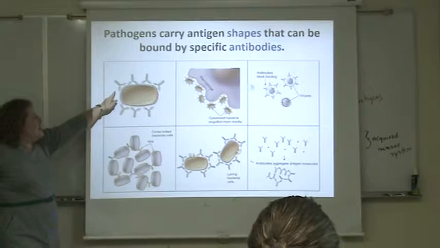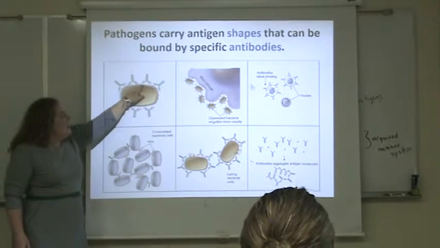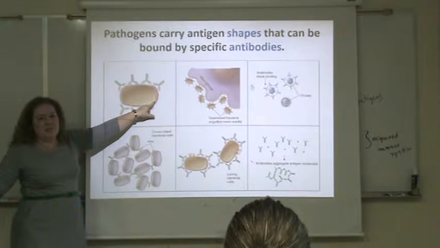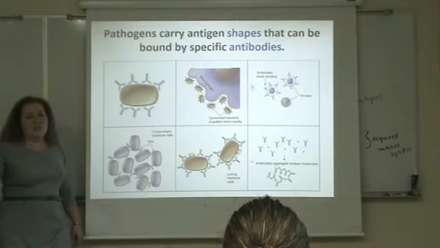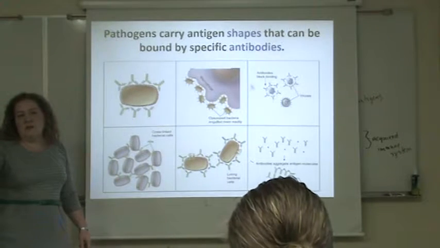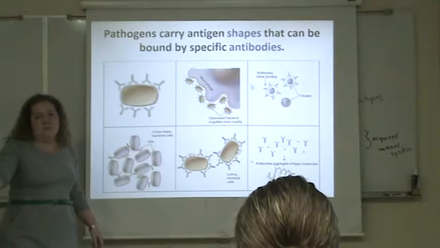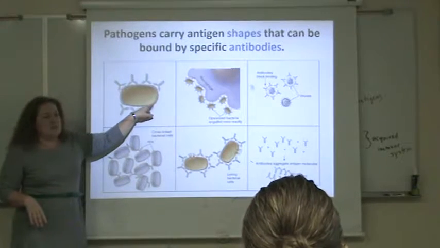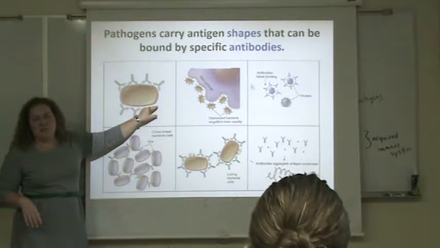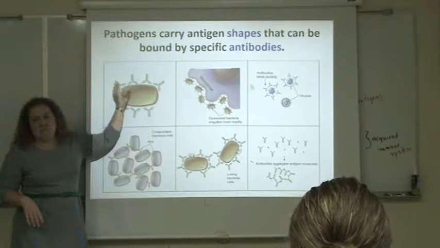So if this is a bacterial cell, it's not really that the bacterial cell is the antigen, but there are parts of it on the surface, like I compared to Jake's shoes. They're like, oh yeah, those are Jake's shoes. By binding to the shoes, I'm also, in a way, attacking Jake, but it's the shoes that I see, not all of Jake.